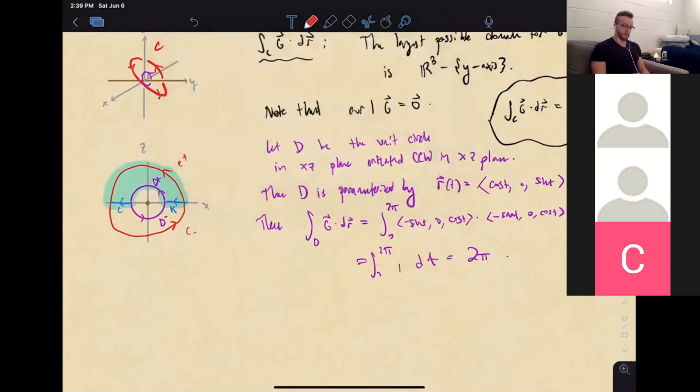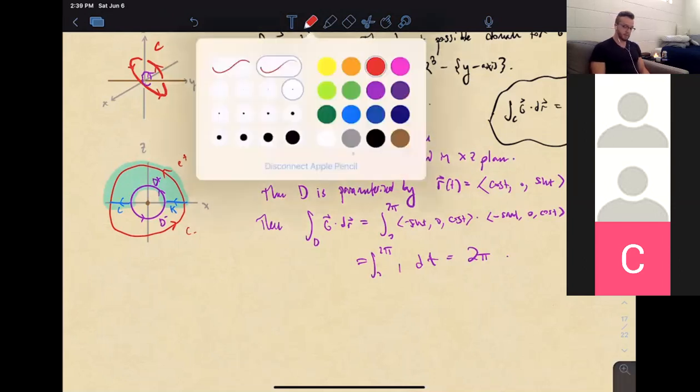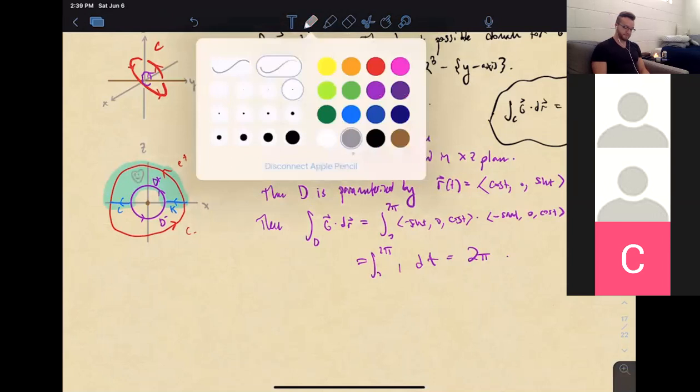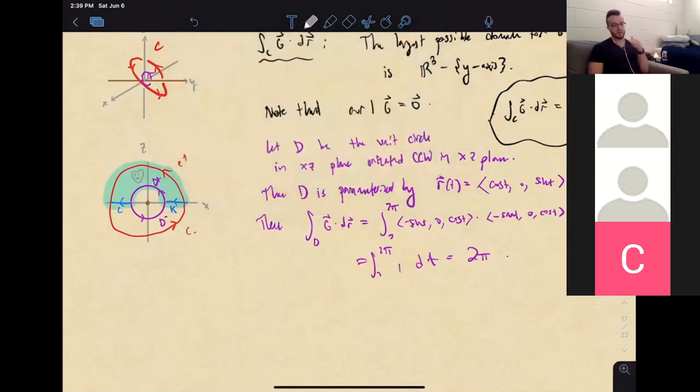Okay, so what am I calling this region? Smiley face. Now that's on the two-dimensional picture, but it should be clear what I mean in the three-dimensional picture.